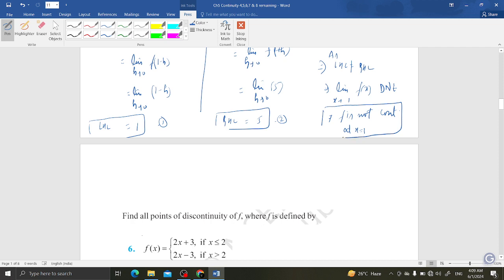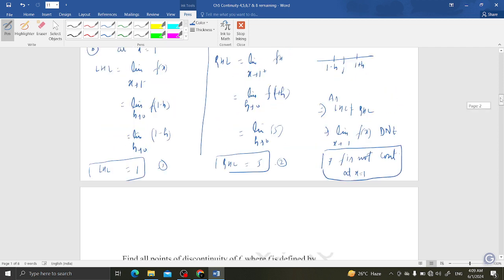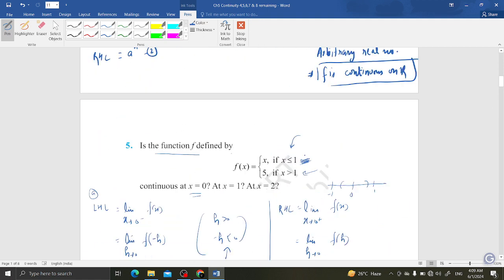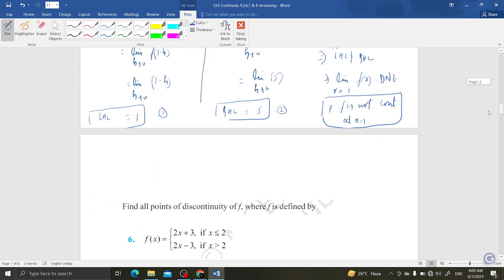Okay, this B part is completed. The last part you need to complete: check whether the function is continuous at 2 or not. I hope you understand this question. We will move to the next question, that is the sixth question.